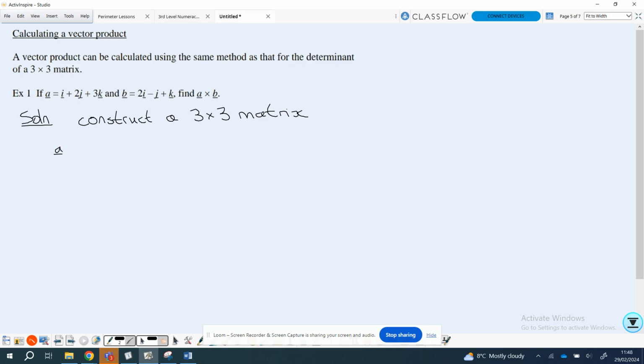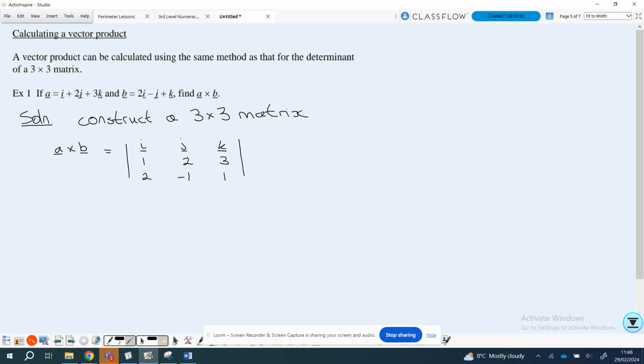So for A cross B, we're going to have our components i, j, and k. We're then going to put the A vector, so that's going to be 1 lot of i, 2 lots of j, 3 lots of k. Then we're going to put the B vector, which is going to be 2, minus 1 and 1, just like you practiced before with the scalar triple product.